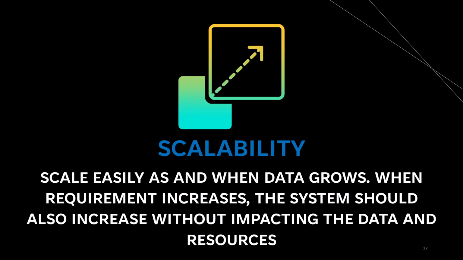Is your project, your tool, your server able to manage the load? This is called scalability. Scalability means as and when data grows, your requirement also increases, and the system should automatically grow and scale along with the requirement. This is called scalability.